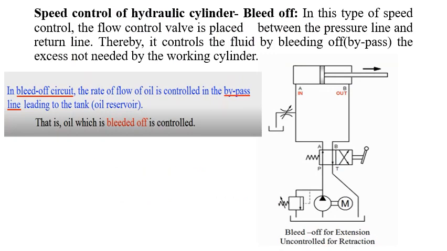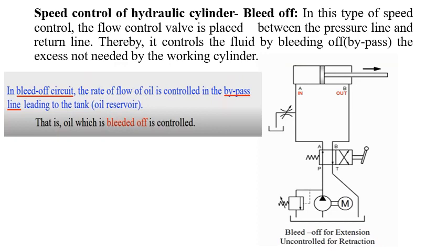Here, this is also one of the speed control hydraulic circuits. In speed control of a hydraulic circuit using bleed off, the speed control or flow control valve is placed between the pressure line and the return line.